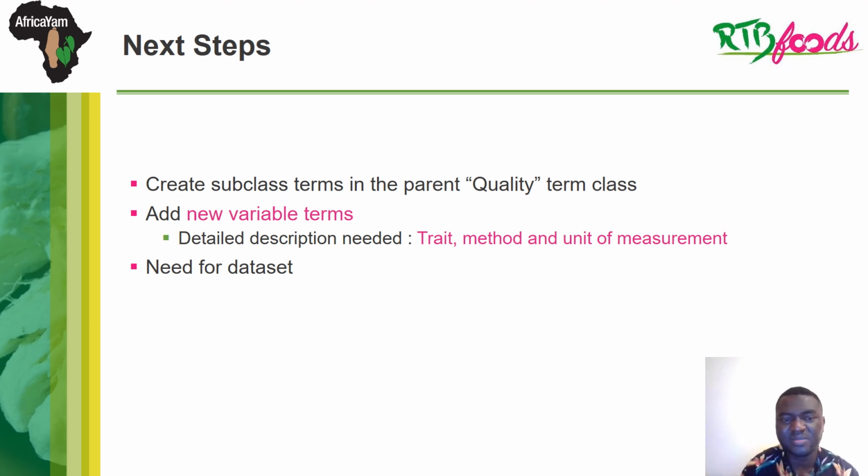We need the data. Then I must say for most of the lab data we need, it's good to have the protocol, and this protocol can be on Yambase, just like we've done for some traits in the database. More like an SOP, more like an SOP.